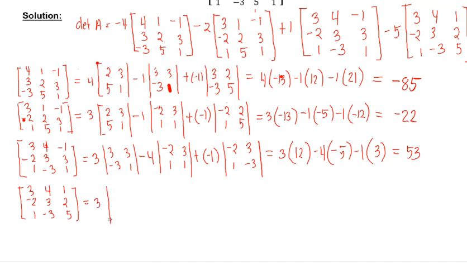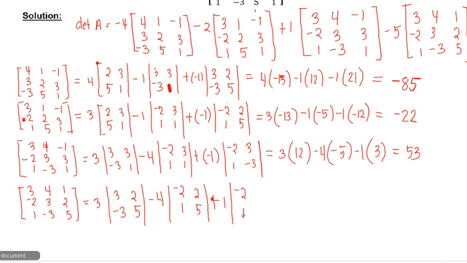So that is 3 times 3, negative 3, 2, 5, minus 4 times negative 2, 1, 2, 5, and lastly plus 1 times the leftover, which is 2, 1, 3, negative 3.